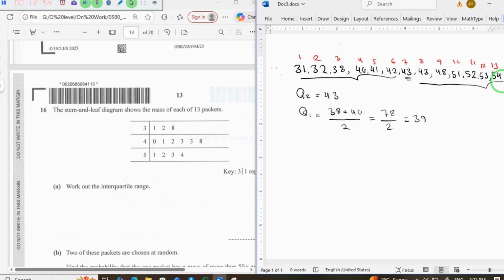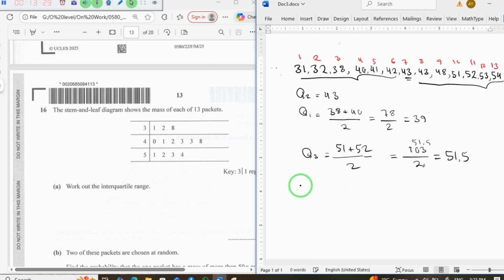Then we find Q3. Q3 is actually the median of these two, 51 plus 52 divided by 2. Here 103 divided by 2 gives 51.5.